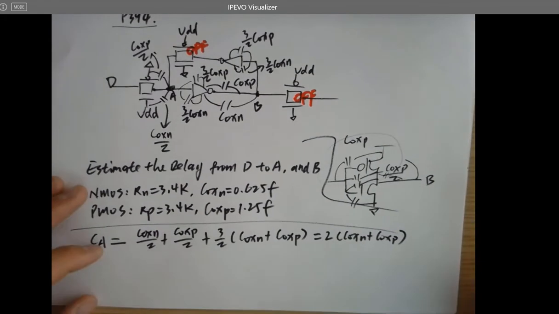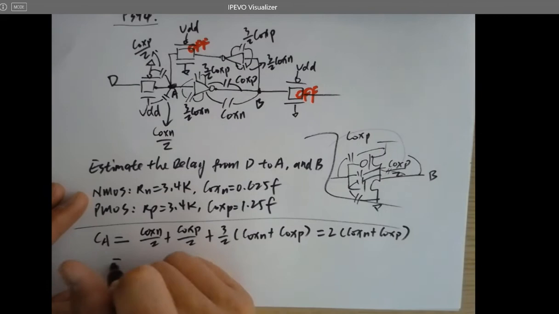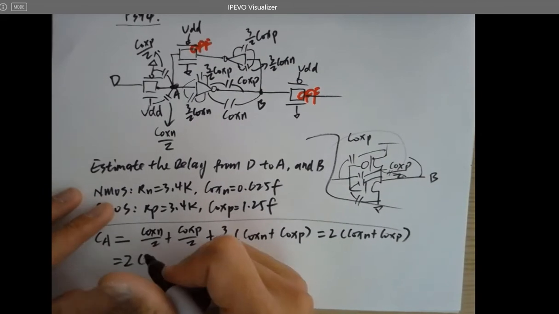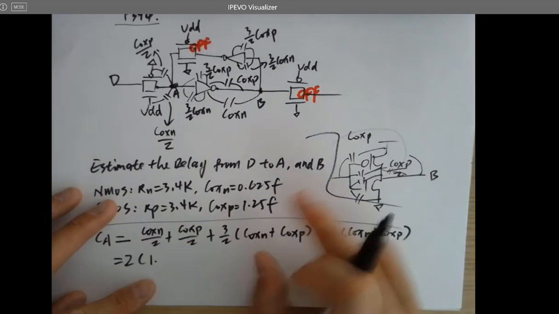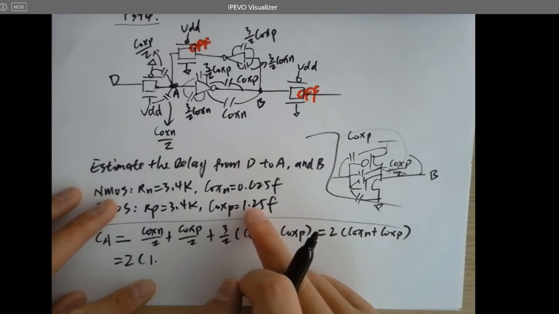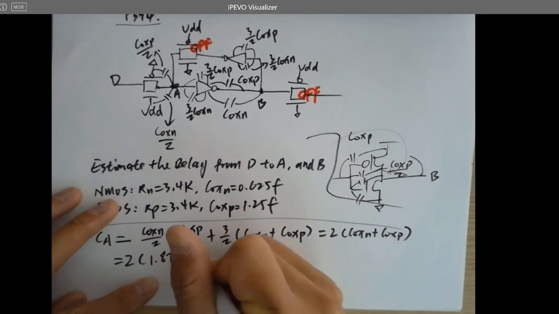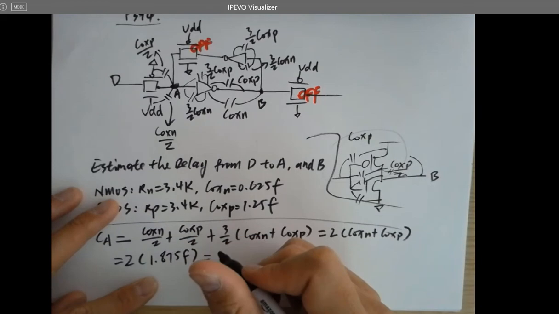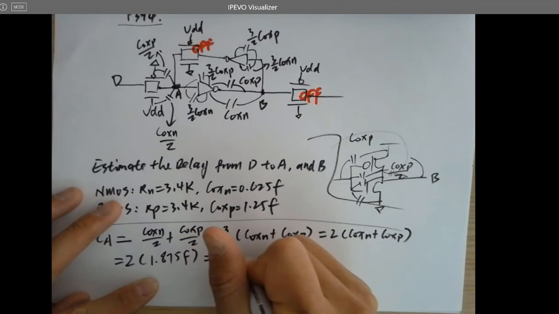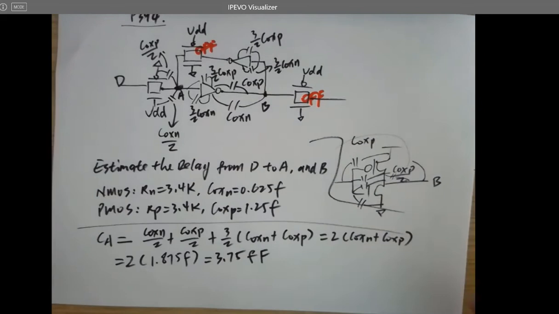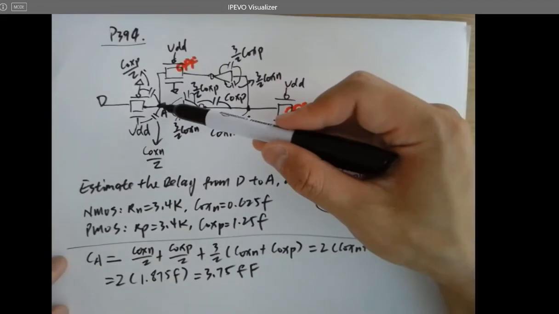Which is 2 times 1.875 femto, and we're getting 3.75 femtofarads. That's the overall capacitance at point A.